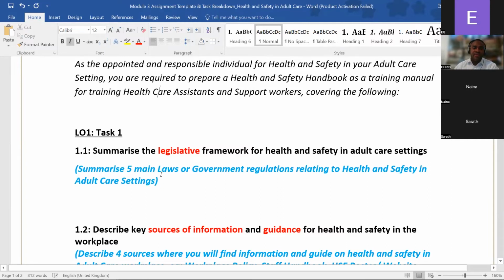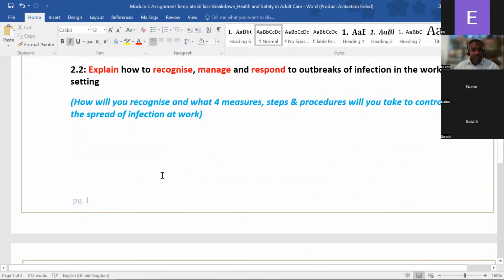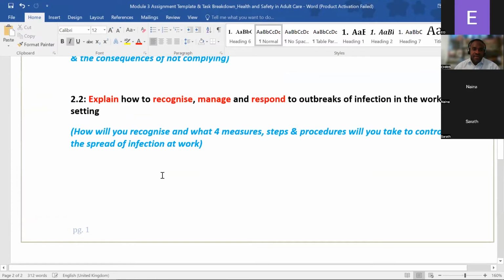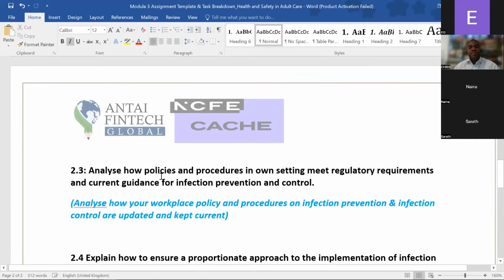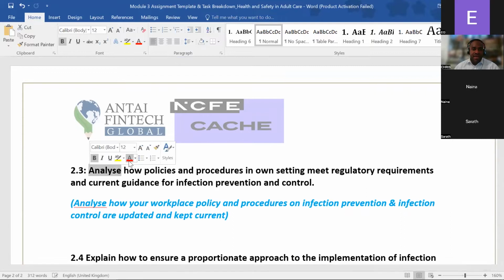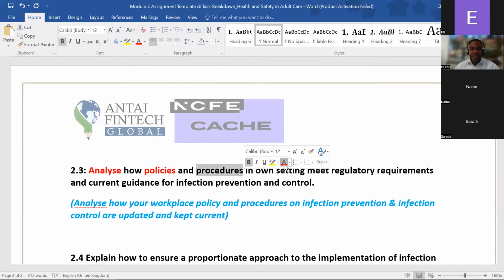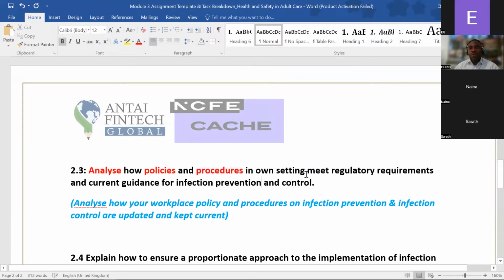Right. So we are now on 2.3. Analyze. The command word is analyze. What are we supposed to analyze? How policies and procedures in your own work setting meet regulatory requirements and current guidance.